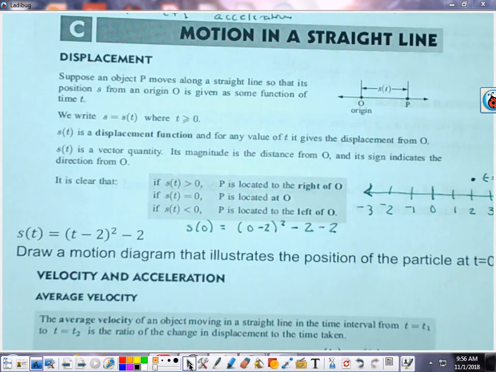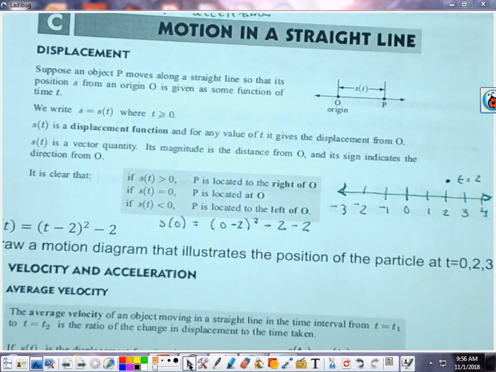Now, I actually know where this stuff turns, so if you think about it, this is a parabola. What's the vertex of that parabola? 2, comma 0. It's okay, it's in vertex form though.